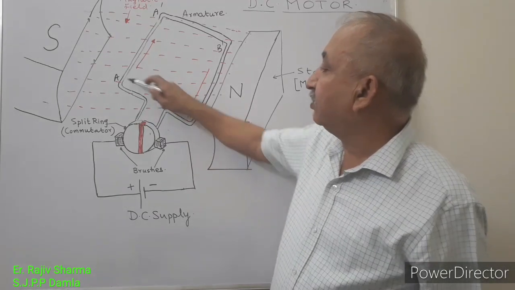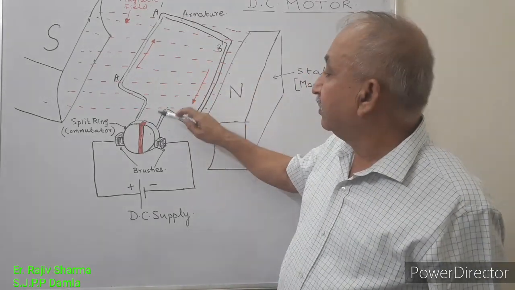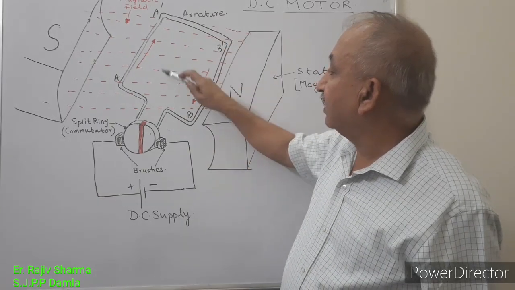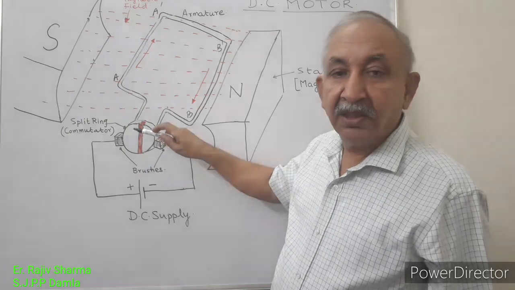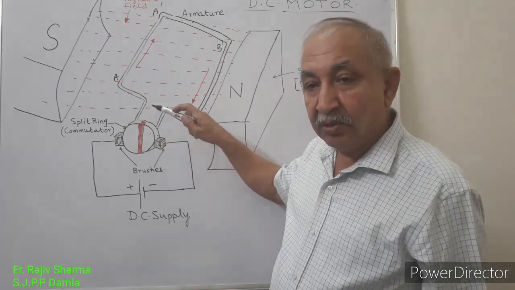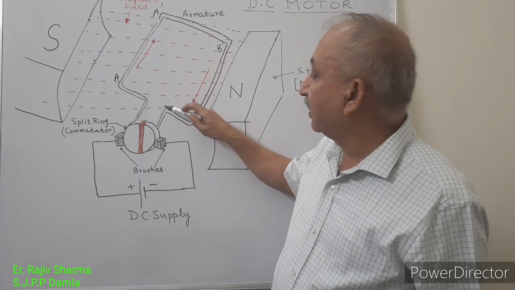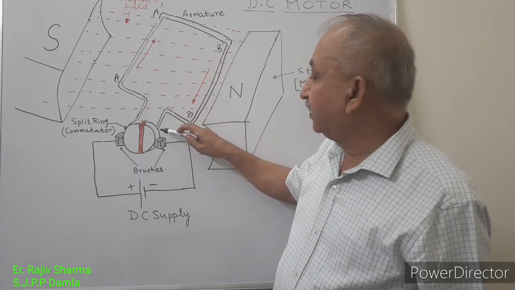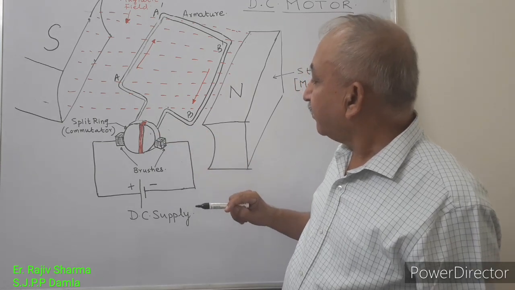Normally, we don't have one coil. To get a uniform torque, we place two coils at 90 degrees to each other, and the split ring is split into four parts, with the coils connected to the respective parts of the split ring.